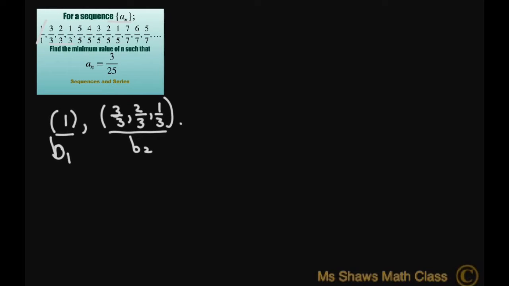All right, and then the next part would be 5, so 5 divided by 5, comma 4 divided by 5, comma 3 divided by 5, comma 2 divided by 5, comma 1 divided by 5. Now we want to go all the way to 25 in the denominator.